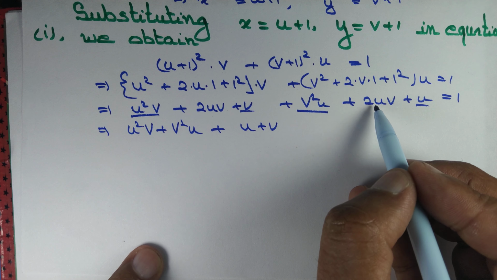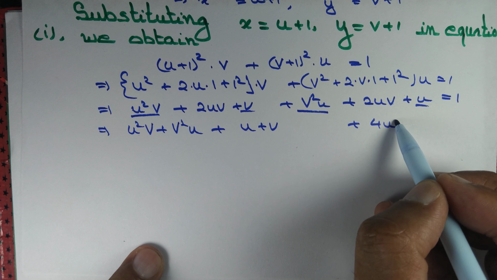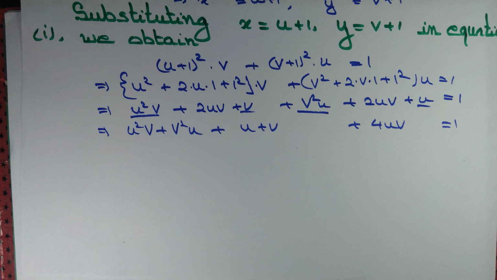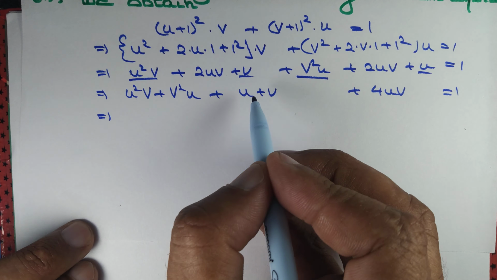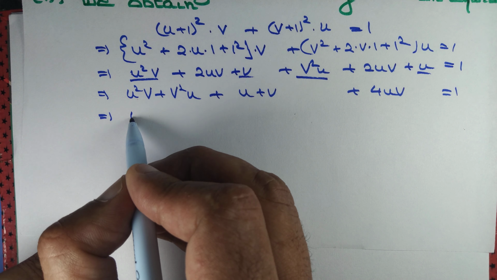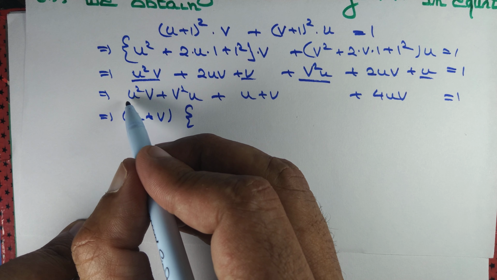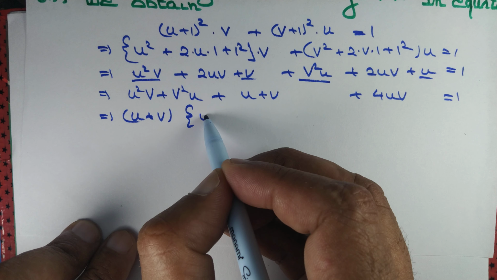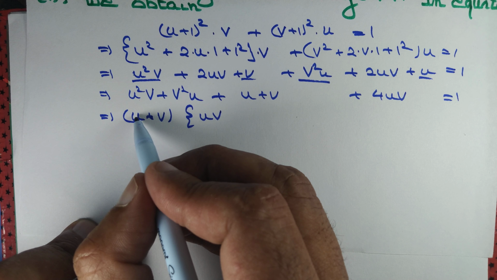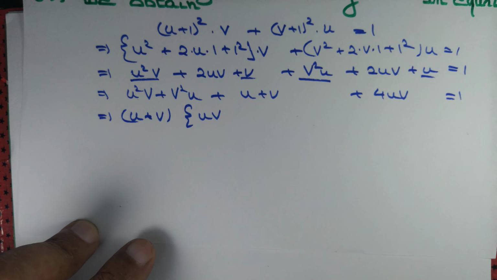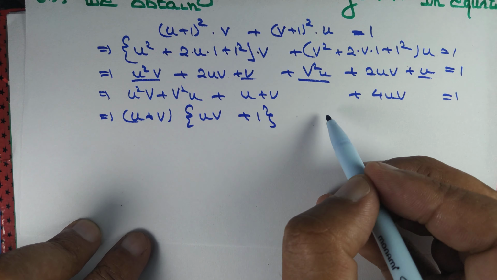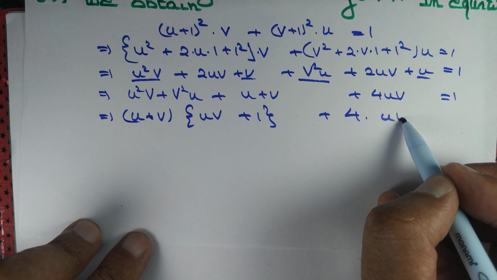Lastly 2uv plus 2uv, that's equal to 4uv, equal to 1, copy as it is. Now if we take u plus v common, you see that we will be left with uv times (u plus v), which is u squared v plus v squared u, plus 1, plus 4 times uv equal to 1.